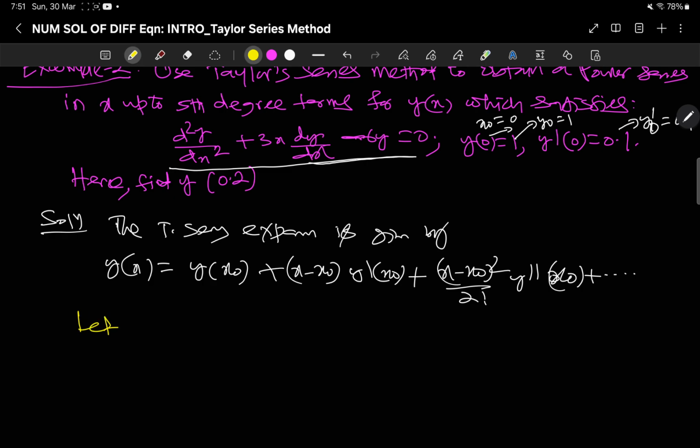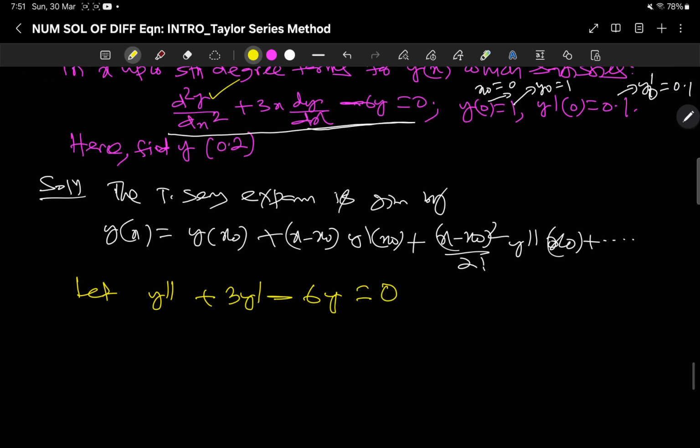So now, this is my y double dash plus 3x y dash minus 6y is equal to 0.